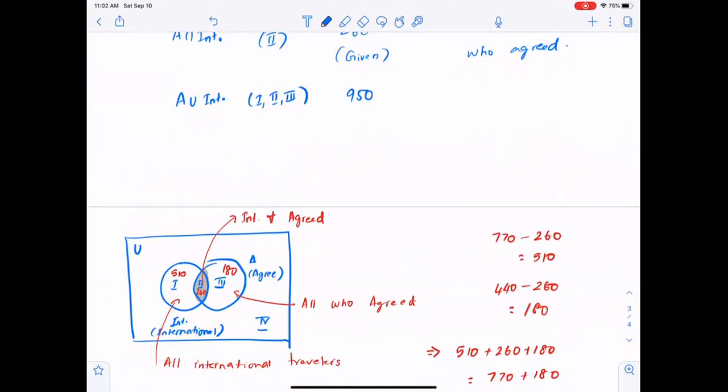All international travelers, and all who agree. So total number of all those who agreed.